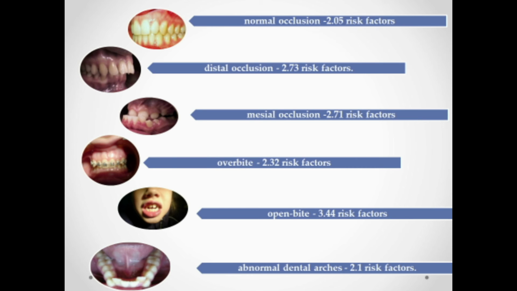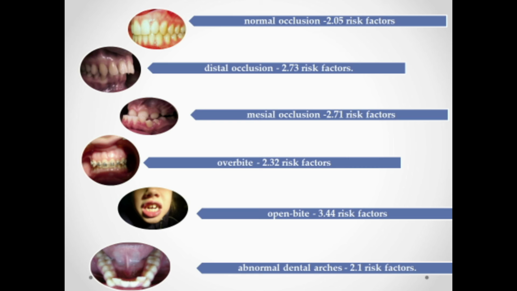There are about 16 risk factors for a dental anomaly. Every child with normal occlusion has been exposed to 2.05 risk factors. Every child with distal occlusion has been exposed to 2.73 risk factors. Every child with mesial occlusion, 2.71.